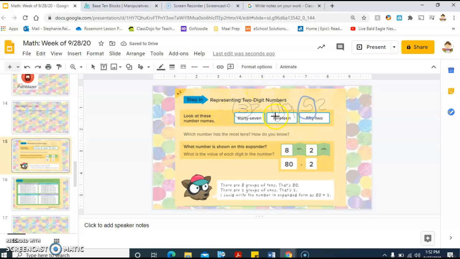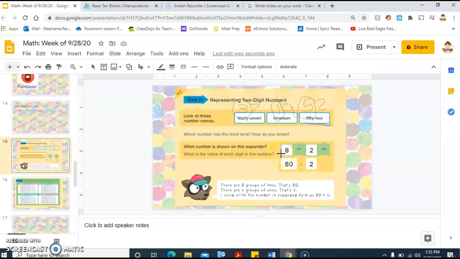If we look at those, we know the greatest is going to be 5. So therefore, 52 is our biggest number, because the 5 is the most out of all the numbers in the tens position.